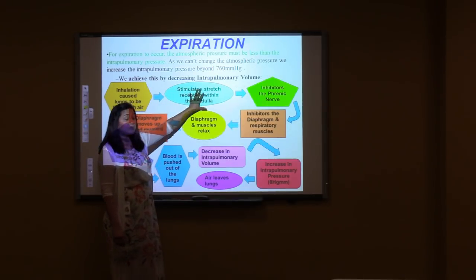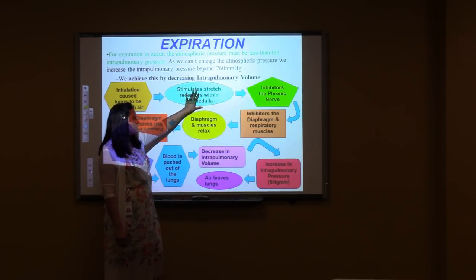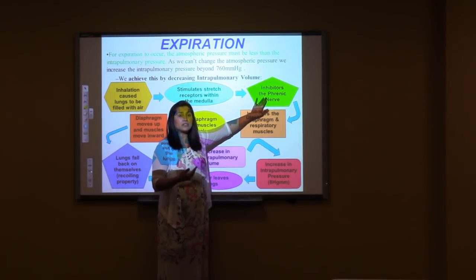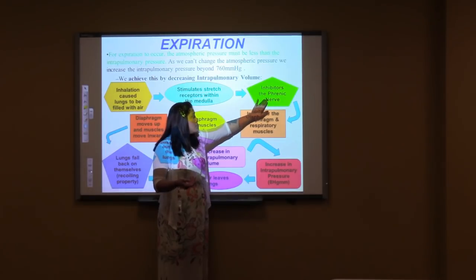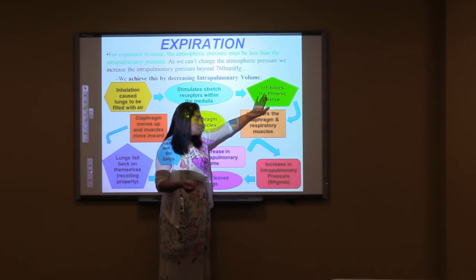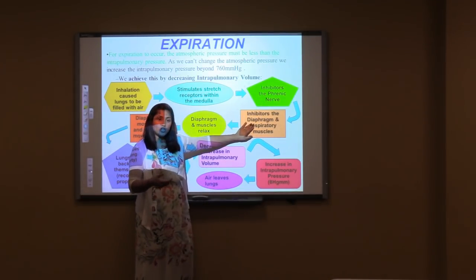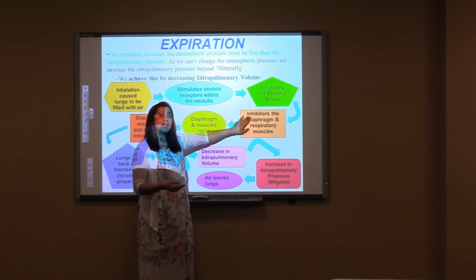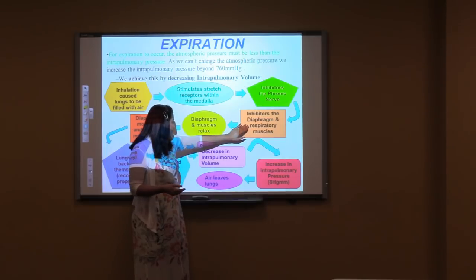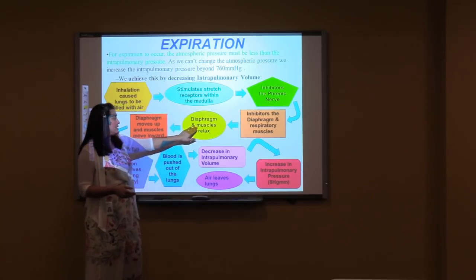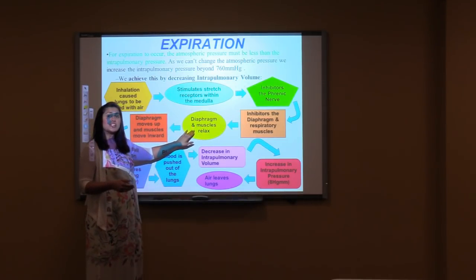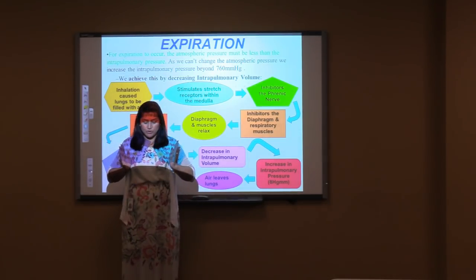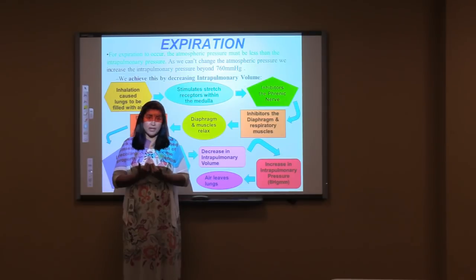Once these stretch receptors were stimulated within the medulla oblongata, that in turn inhibits the phrenic nerve. So now the phrenic nerve is no longer being stimulated. If the phrenic nerve is no longer stimulating the diaphragm and the respiratory muscles, they tend to relax. So the diaphragm moves back up, respiratory muscles move inward, okay?